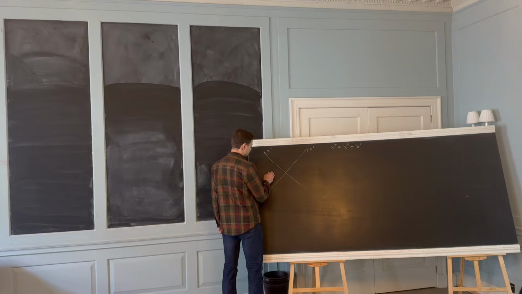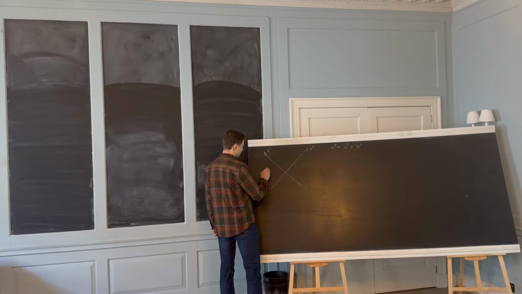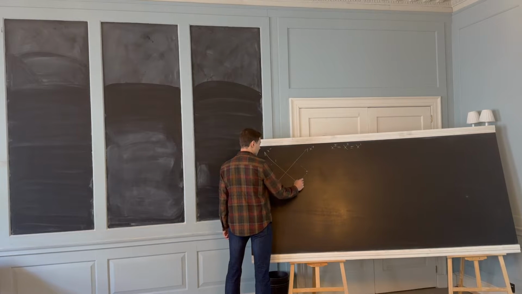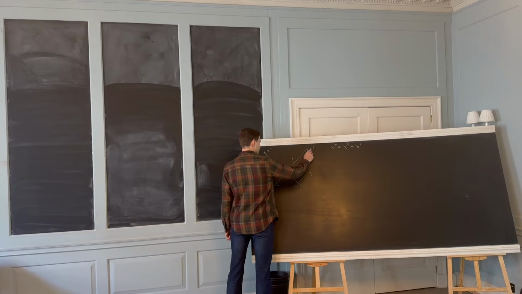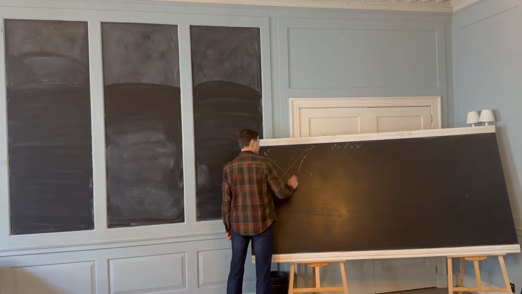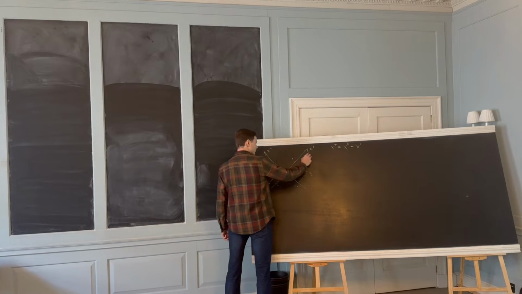We considered a specific configuration where we put operator number 4 at 1 minus 1, operator number 3 also at 1 minus 1, and operator 2 gets boosted in this direction, operator 1 gets boosted in this direction.